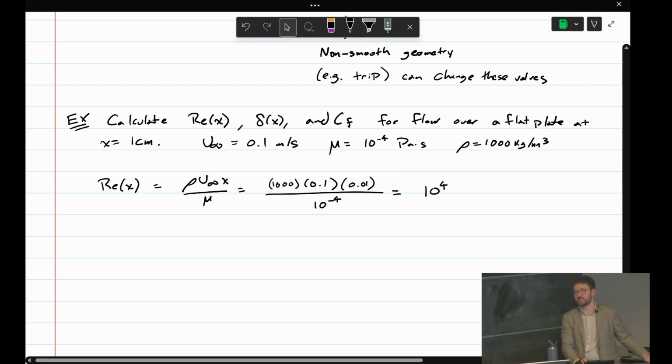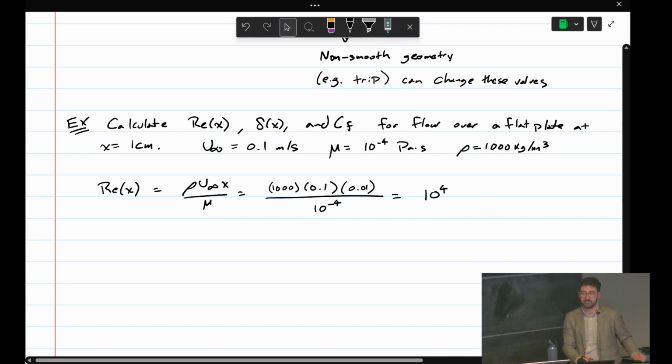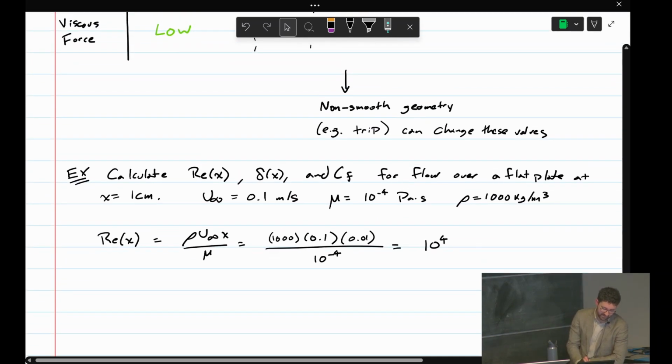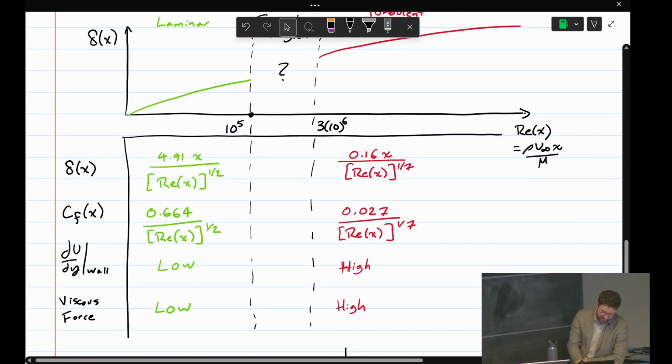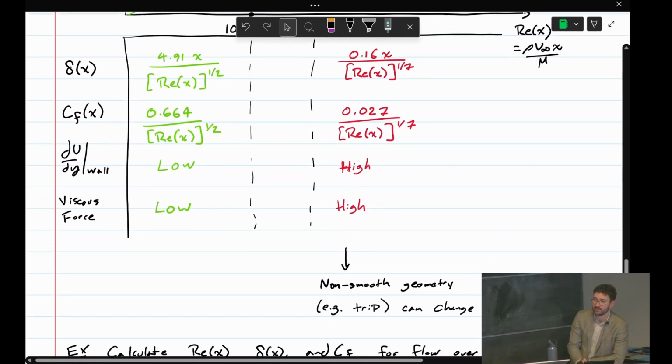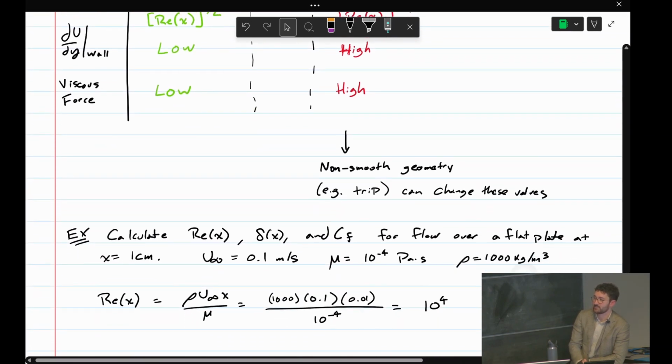Remember, the Reynolds number tells us, roughly speaking, if we're in a laminar or turbulent regime. So that 10 to the 4, based on the plot I gave above, can someone answer whether we have a laminar or turbulent boundary layer at this location? So the Reynolds number is 10 to the 4.